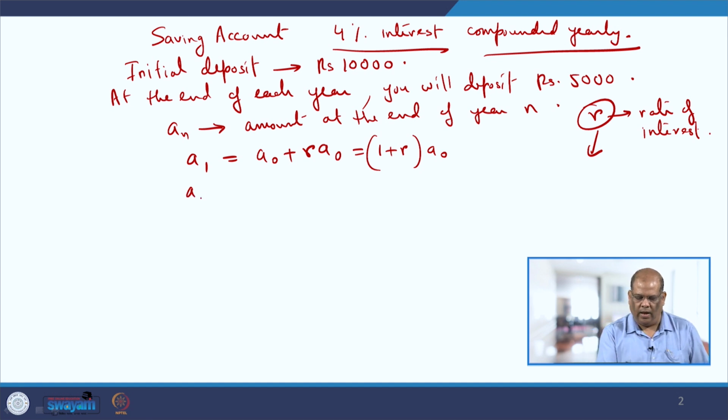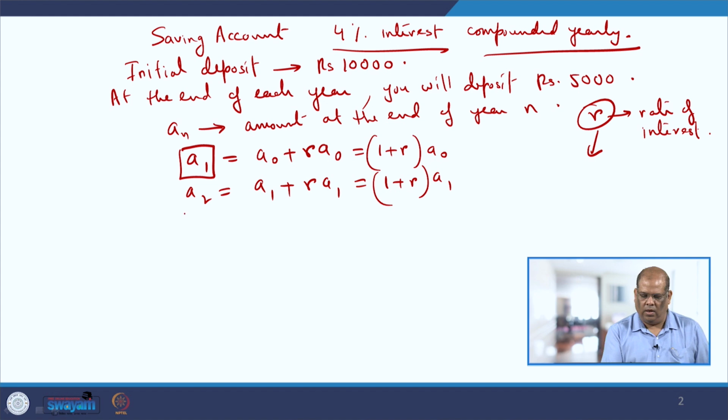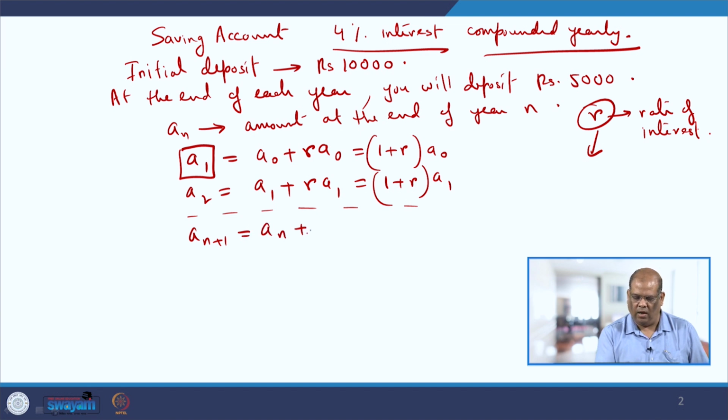So, in the second year, I have my new principal, which is A1, and rate of interest multiplied by A1. So, (1 + R) A1. In a similar manner, it will go on, and in the (n+1)th year, I will have A_n + R times A_n, equal to (1 + R) A_n.